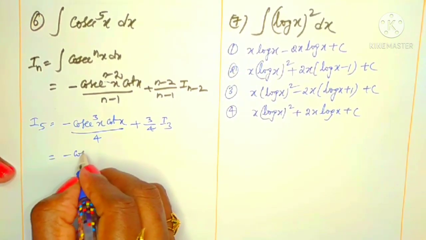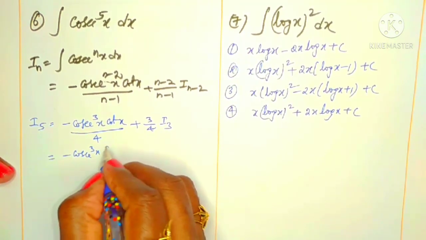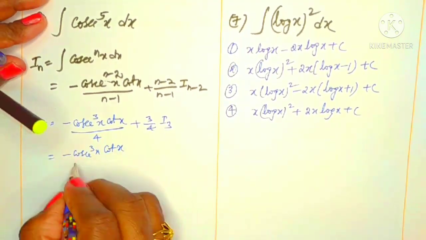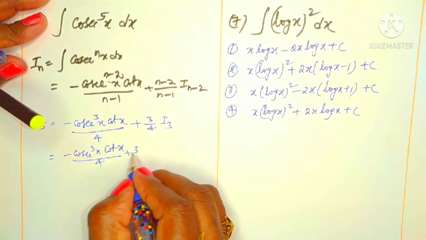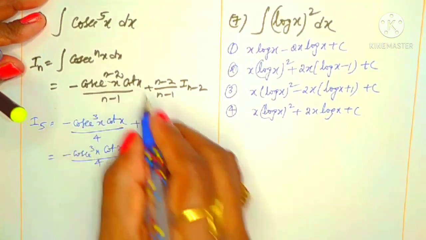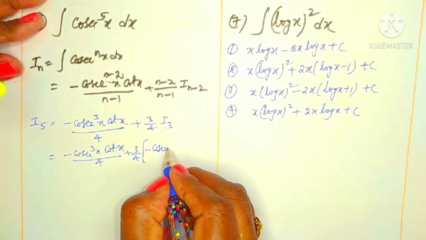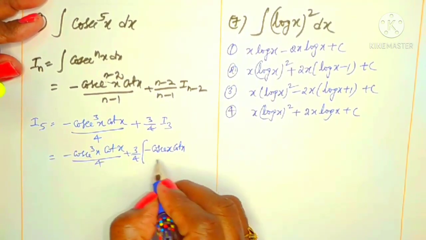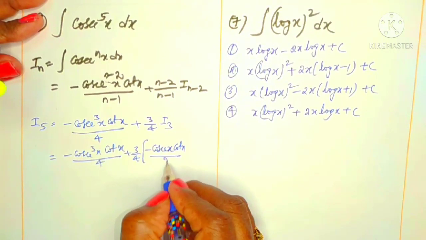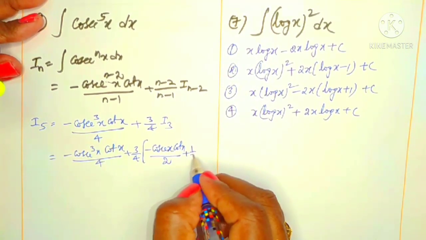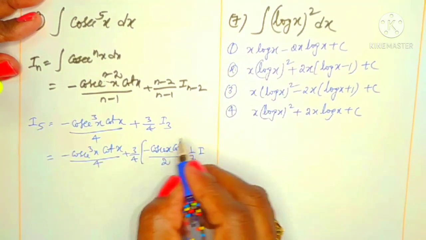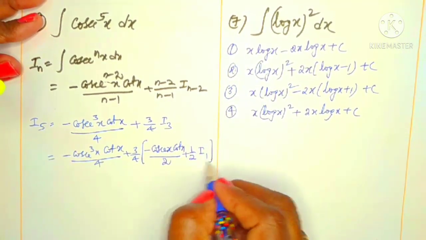Next step: minus cosec^3 x cot x by 4 plus 3 by 4 of I3. Expand with the same formula: minus cosec x cot x by (3-1), which is 2, plus 1 by 2 of I1.